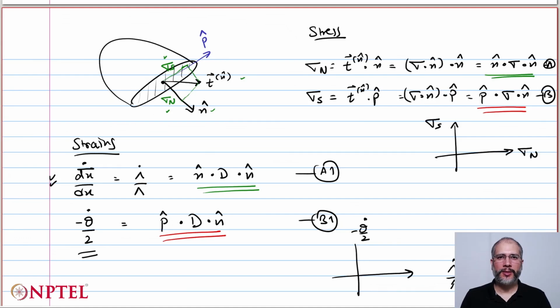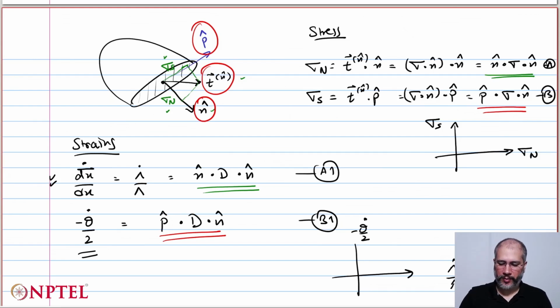Now additionally, just some clarification on the Mohr's circles for strains or rate of strain, that is the rate of deformation. This direction p hat in the case of stress is unique in the sense that if you choose an n hat, which basically denotes your cutting plane, then Tn hat is dependent on the stress tensor sigma, because Tn hat is sigma dot n.